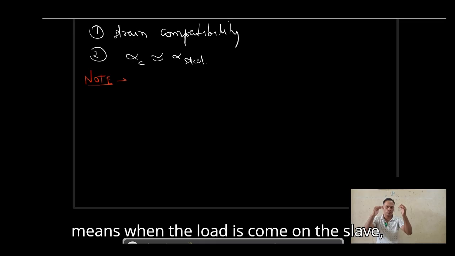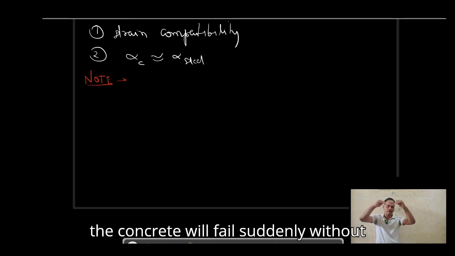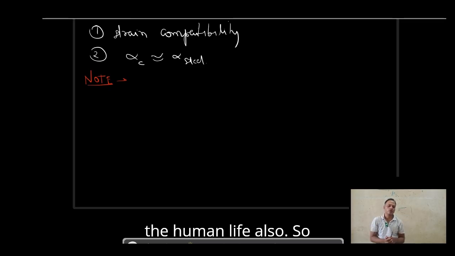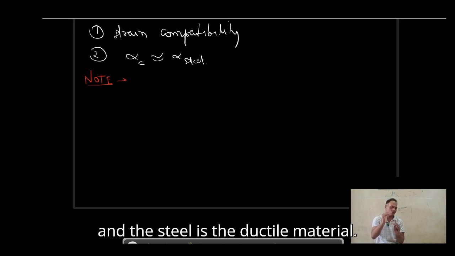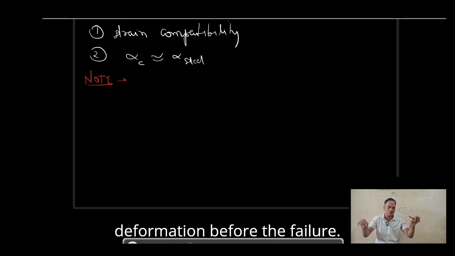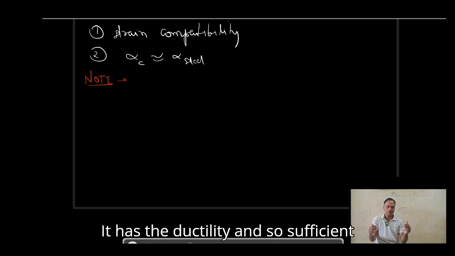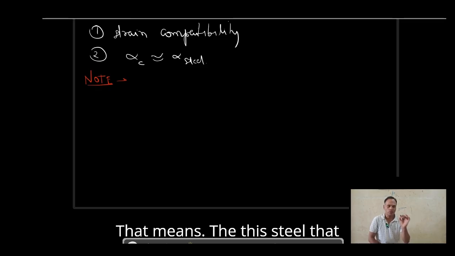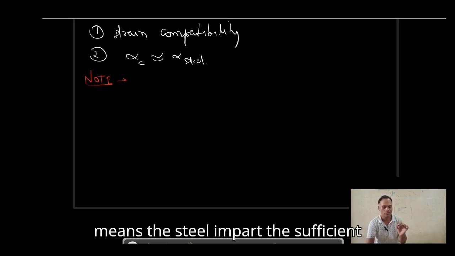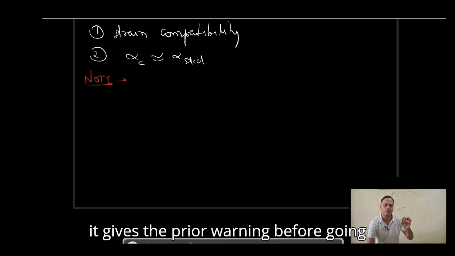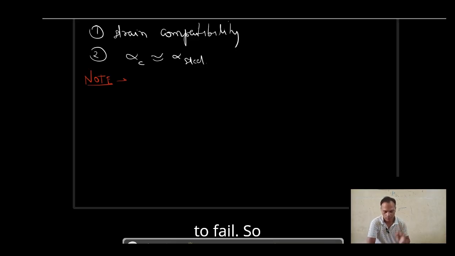When the load comes on the slab, the concrete will fail suddenly without giving warning. There is danger to human life also. And steel is a ductile material. That is, it has sufficient deformation before failure. It has ductility, so sufficient deformation before failing. That means the steel imparts sufficient ductility to the structure so that it gives prior warning before going to fail.